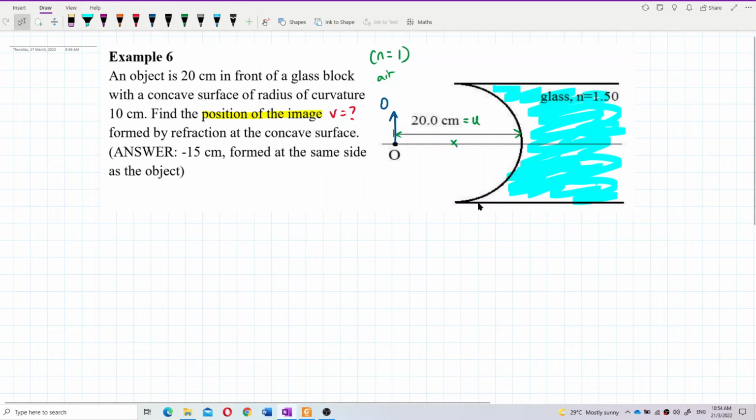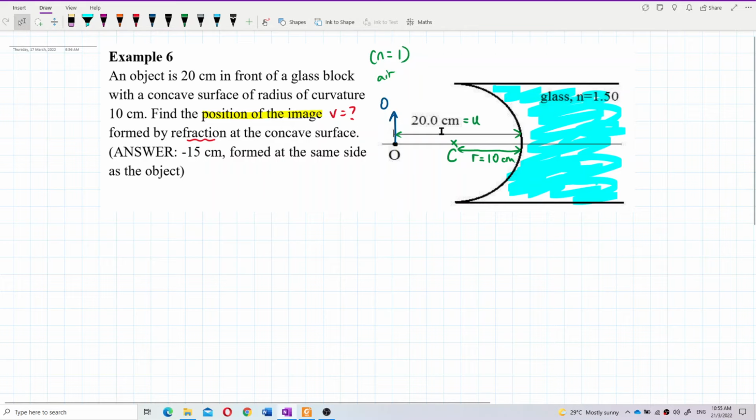So the distance 10 centimeter is the distance of the surface to the center of curvature. This is the R, and this R is 10 centimeter. Now we need to find the image distance. This is refraction at one surface.